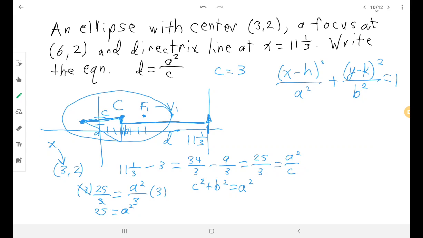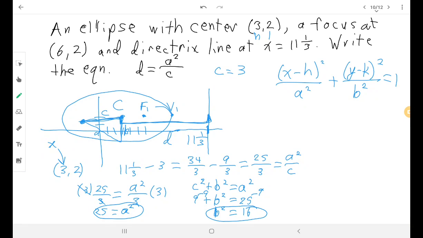And I know C is 3, so C squared is 3 squared is 9, plus B squared equals A squared, which is 25. I subtract 9 on both sides, and I get that B squared, which is the thing that I actually need, is 16. And then I have everything I need to fill everything in.